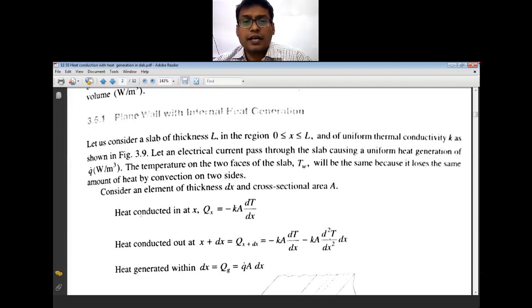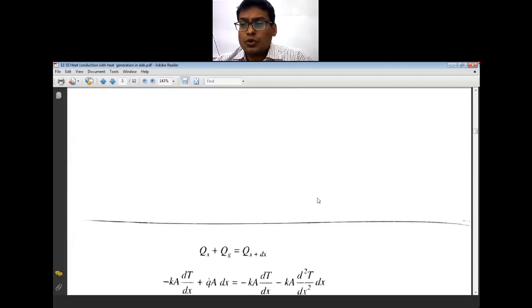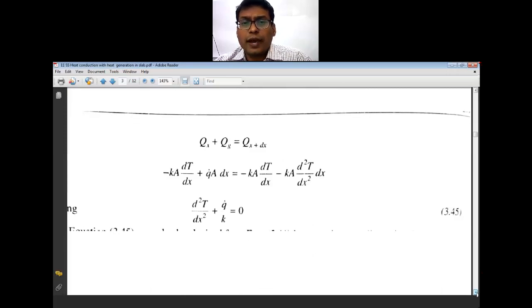dx is the element of thickness and A is the cross-sectional area. So taking the balance, that is Qx plus Qg is equal to Q at x plus dx. Qg is the generation and this is going out.